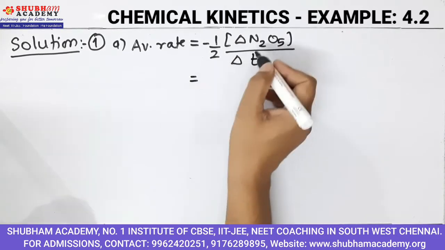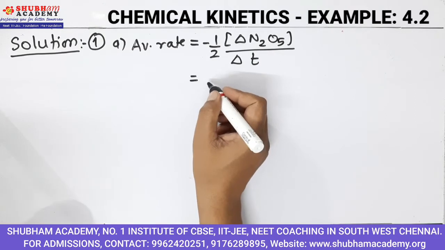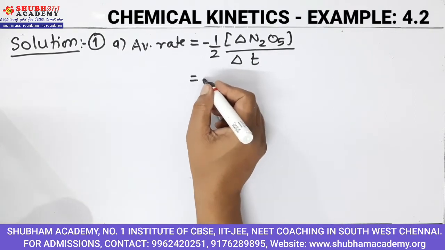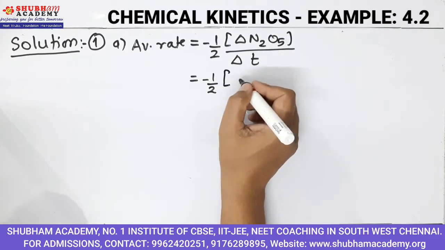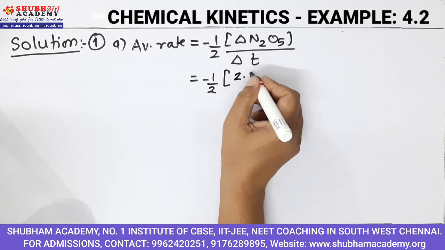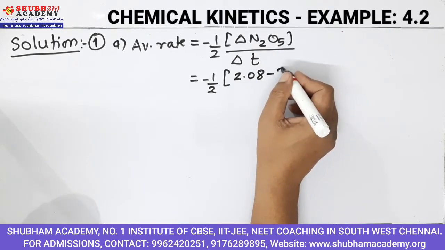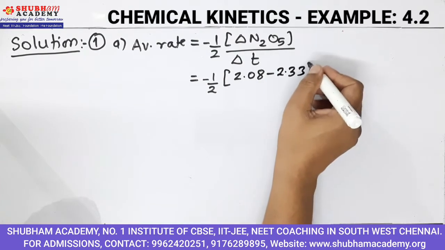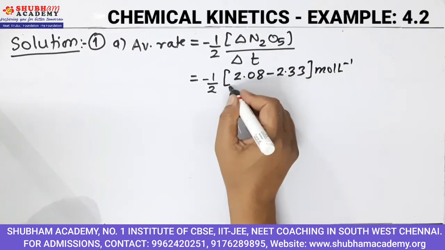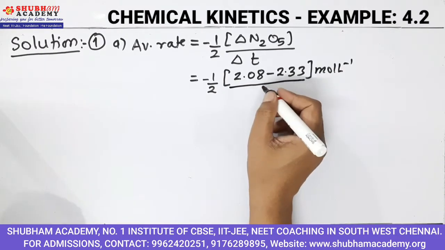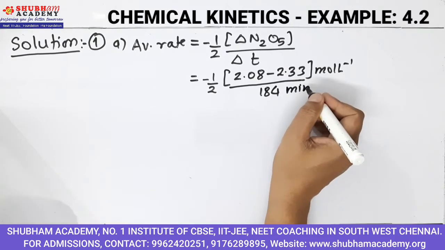Now this is delta N2O5, means change in concentration of N2O5 during the course of the reaction. So this becomes minus final concentration minus initial concentration. So, final is 2.08 minus initial is 2.33 and unit is mole liter inverse divided by time taken for change is 184 and unit is minute.